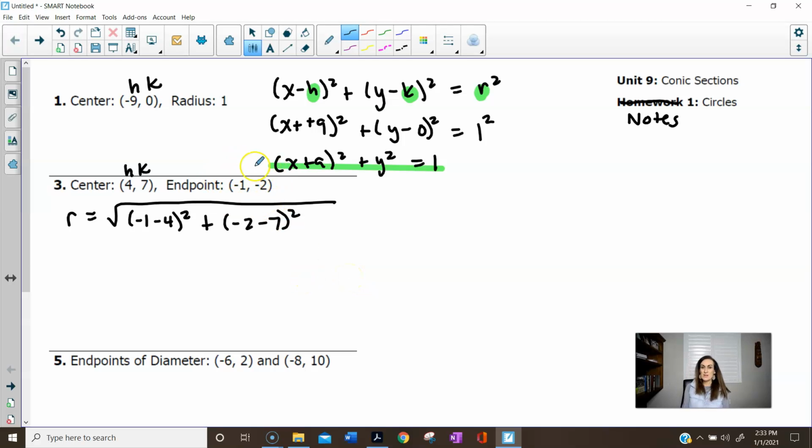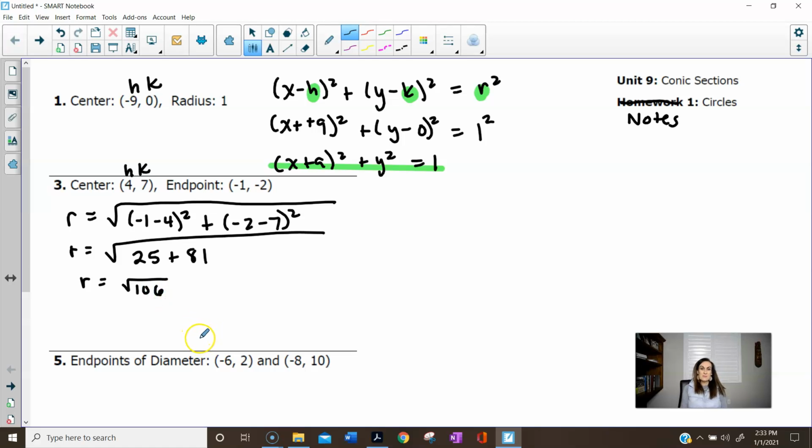So always start with the same point. And so now we'll just simplify. So the radius is the square root of -5 squared, which is 25, and -9 squared is 81. And so that's 106. So the radius is the square root of 106.